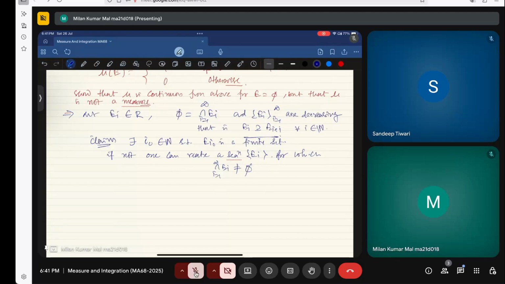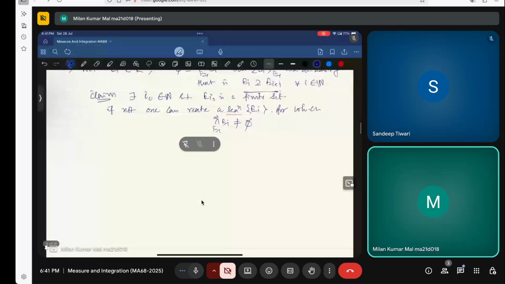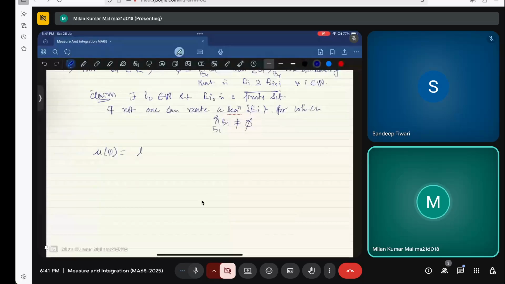So what is the target for us? The target is to show that mu of the empty set equals the limit as i tends to infinity of mu of E_i. This is what we have to show, that mu is continuous from above.